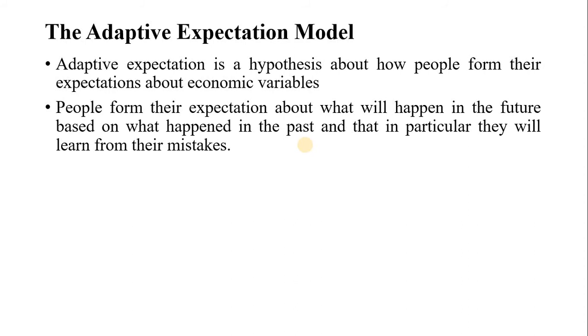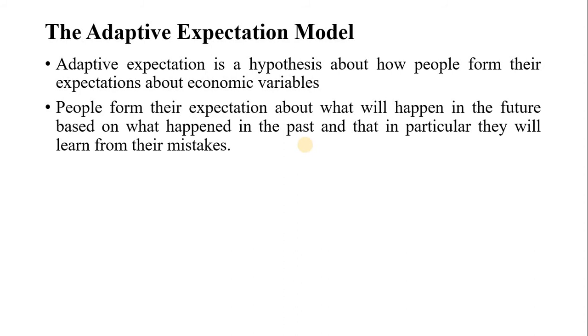So tomorrow, what will happen? You will make some expectation about the rain based on your past experience as well as the error that you have committed in the past. Yesterday you committed one mistake: you didn't take the umbrella, and you got stuck in the rain.